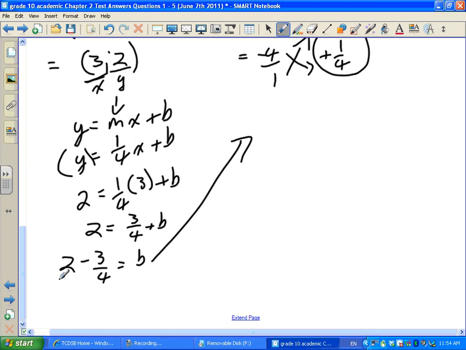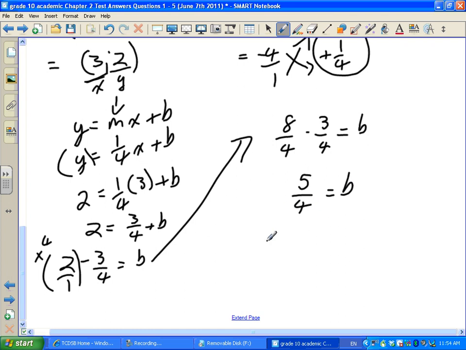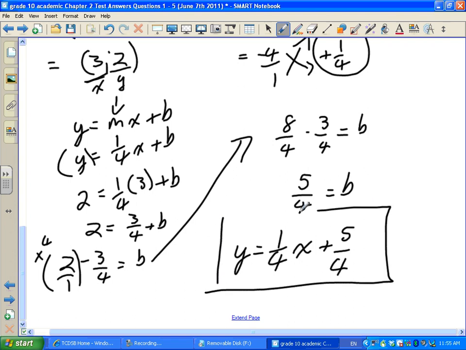I need to make 2 into a fraction that has a common denominator. So I need a common denominator of 4, which means I need to multiply this whole fraction by the number 4. So I'll get 8 over 4 minus 3 over 4 equals b. 5 over 4 equals b. And equation of our line, y is equal to 1/4x, which was our slope, plus 5 over 4. Okay? That's the equation of our right bisector.